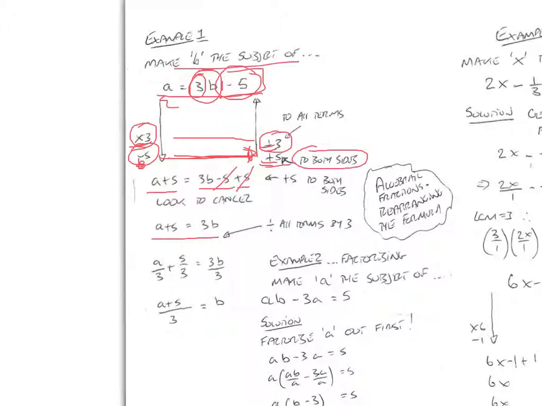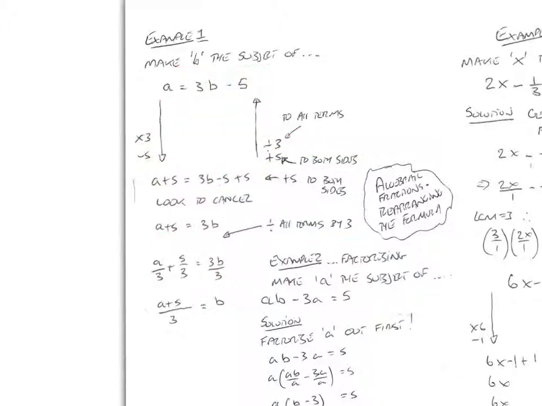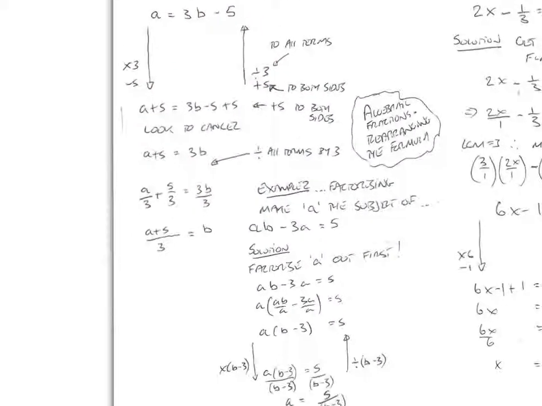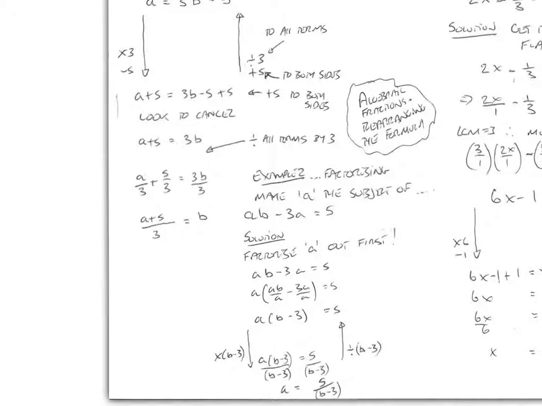Now we have to divide all these 3 terms, 1, 2, and 3, by 3. So we have a over 3 plus 5 over 3 equals 3b over 3. We should note that these two will cancel, so that will give us b here. And we can seek then to reduce these two fractions into a single fraction by noting the lowest common multiple of both fractions, and that's 3, and rewriting this 3 as the denominator of our new fraction.